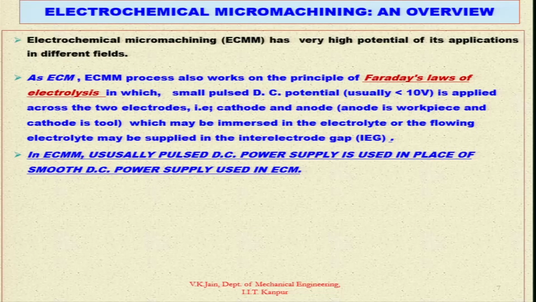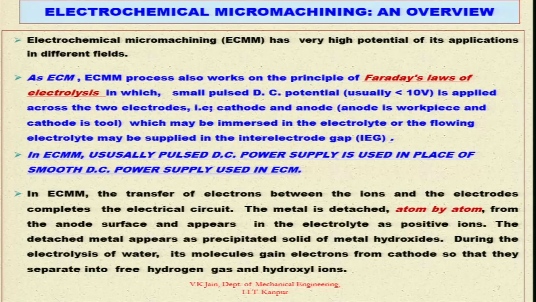In ECMM, usually a pulsed DC power supply is used in place of a smooth DC power supply commonly used in the ECM process. These days, however, many industrialists use pulse power supply in case of ECM also, because of its advantages.